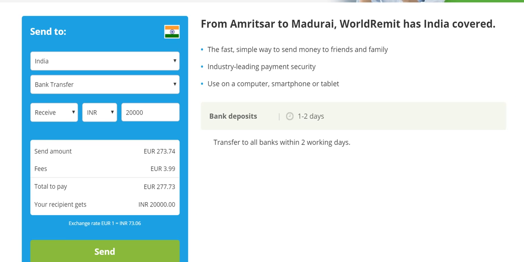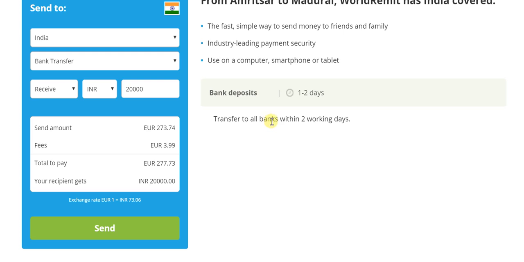And as far as the timeline is concerned, it is very, very short, as little as 1 to 2 days. And it's all banks. So whether it's State Bank of India or HDFC Bank or ICICI Bank or Axis Bank or Indian Bank or Canara Bank or Indian Overseas Bank or Punjab National Bank, any of the numerous banks across India, it really does not matter. The money will reach safe and sound within as little as 1 to 2 days.